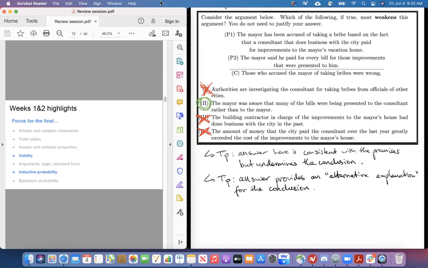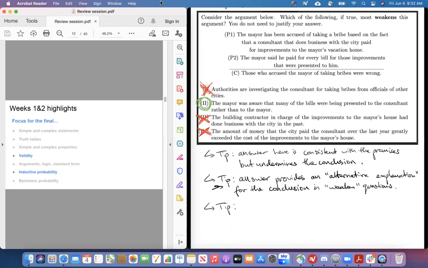Not so much here. Our example here really fit the first tip a little bit better, but this is definitely something to look for and worth practicing. So this is in weaken questions.